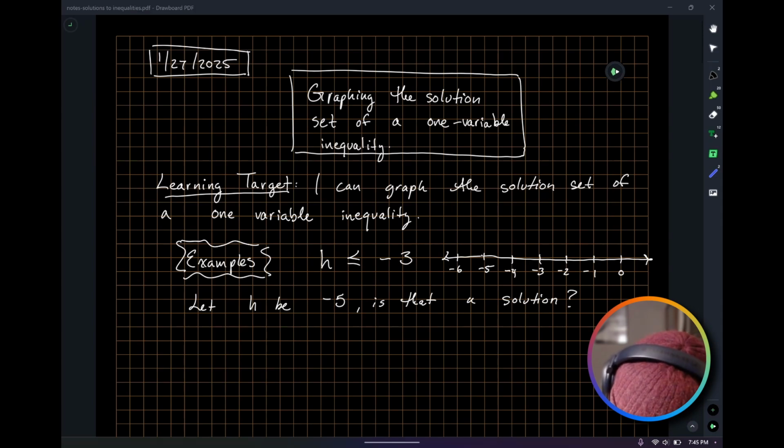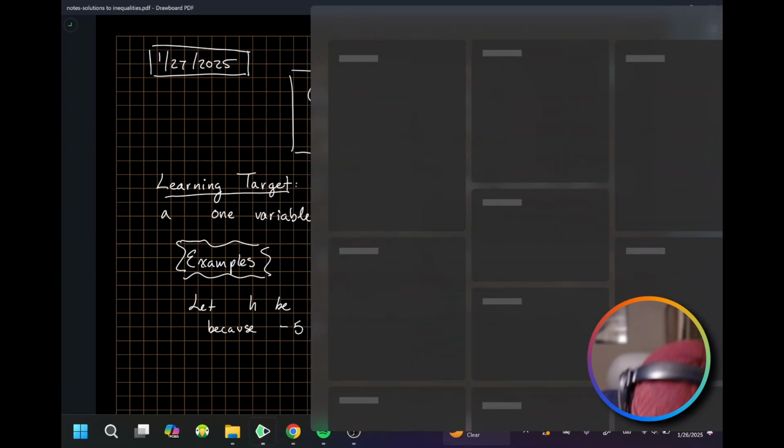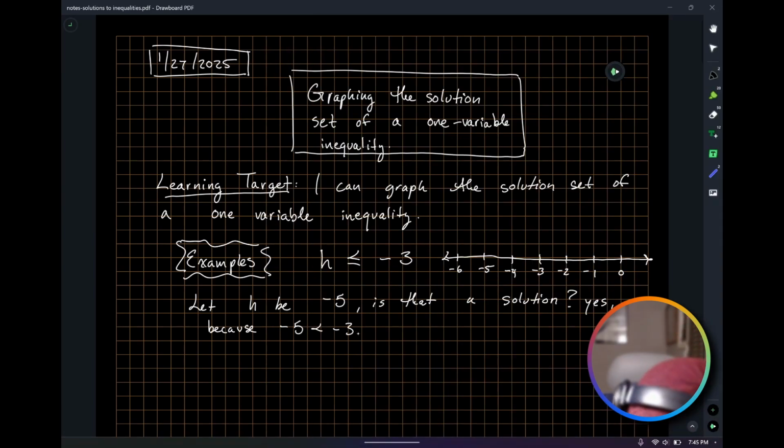It's sort of over here. And so that would be a solution. Is that a solution? Yes. Because -5 is less than -3. Okay, so in fact, everything to the left of -3 on the number line is a solution.